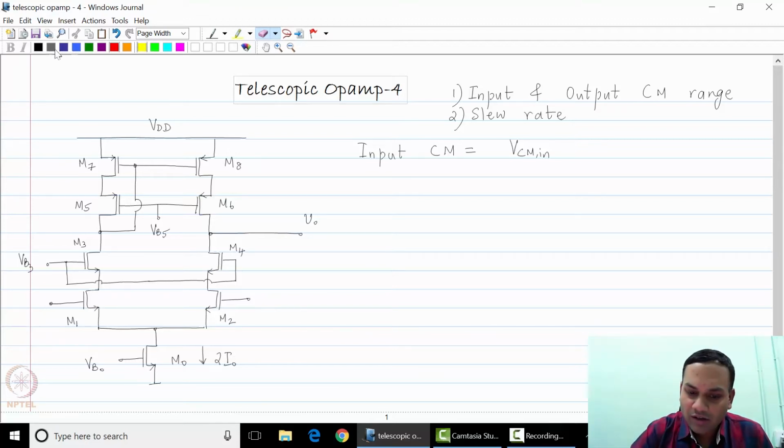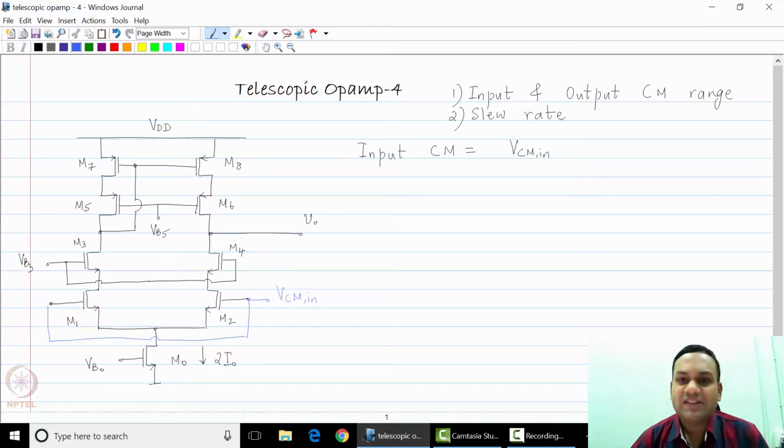So of course, when you apply an input common mode, you connect the two inputs together and apply VCM in. Now suppose you started reducing VCM in.